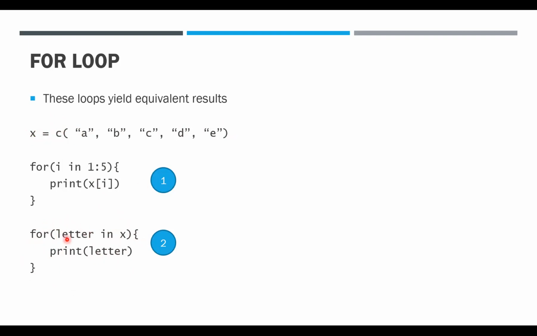The letter is the variable that I'm going to iterate on, so letter and i are basically analogous here. Letter is going to go through this vector. This will also run 5 times because there are 5 elements inside the vector x.